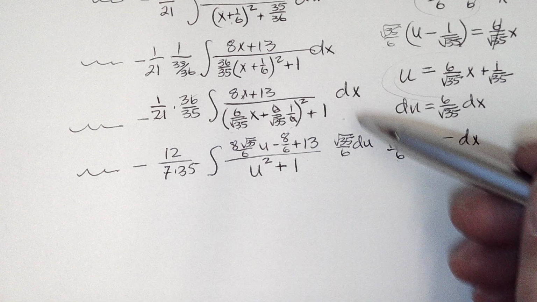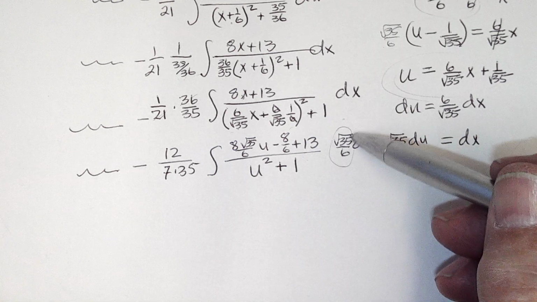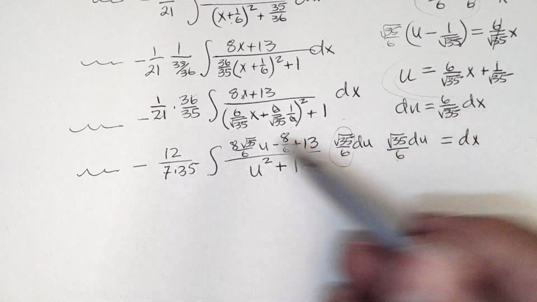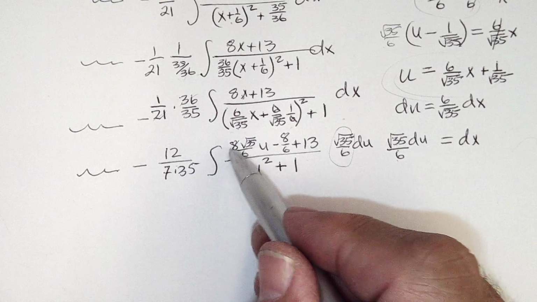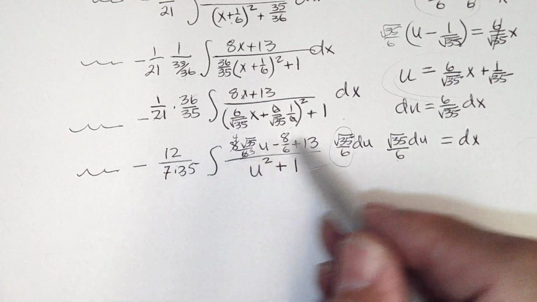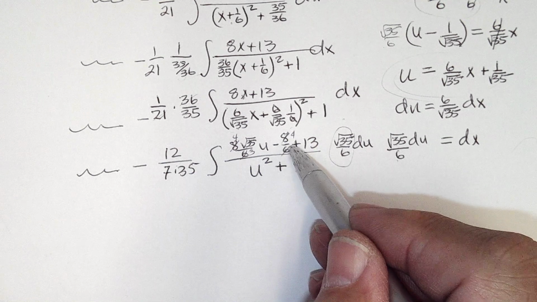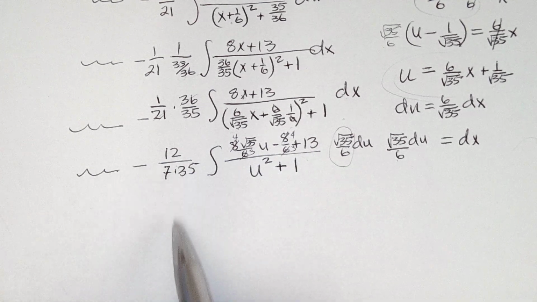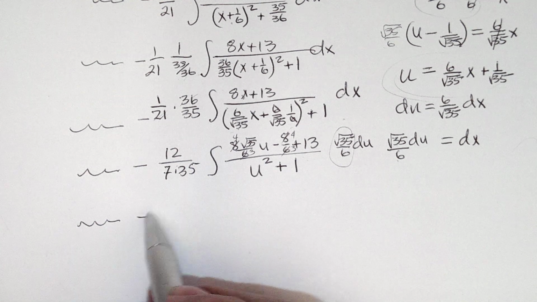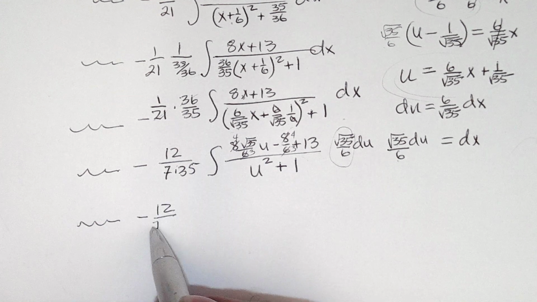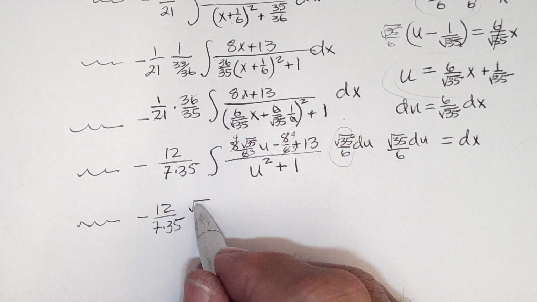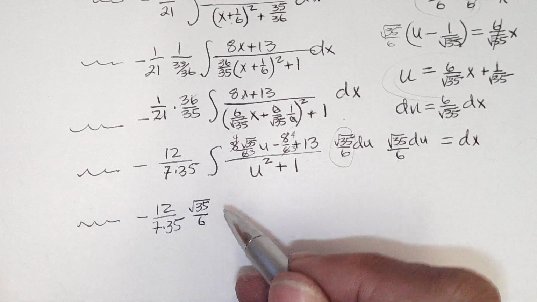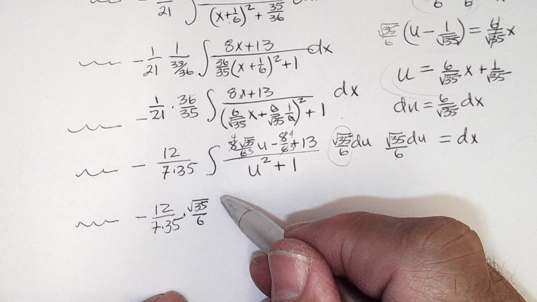So then, this can be pulled out, and I'm going to pull a 6th out. Well, I'm going to reduce this. This is going to be 4 thirds. So let's see what we come up with here. So we have that, which we did right away, minus 12 over 7 times 35. I'm pulling out the square root of 35 over 6. Integral.